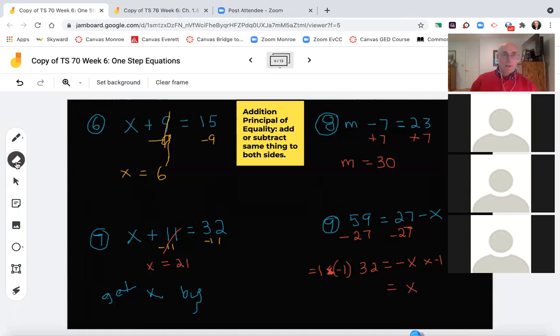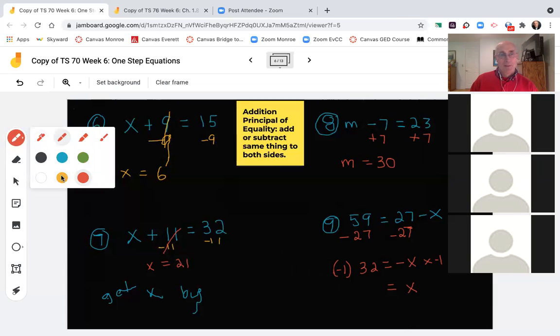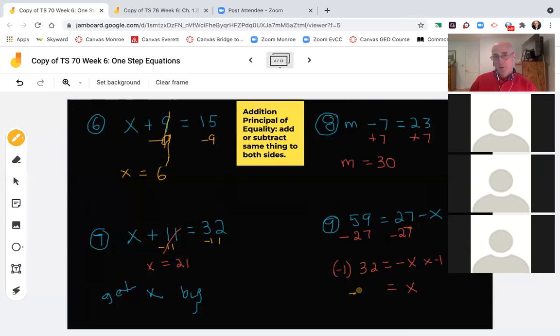All right, sorry guys. You guys know I'm only running on about 2 cylinders here, so. All right, so we've got this -1 times the 32, which would give me -32. All right, so there you have a positive x equals -32, and that solves the problem.